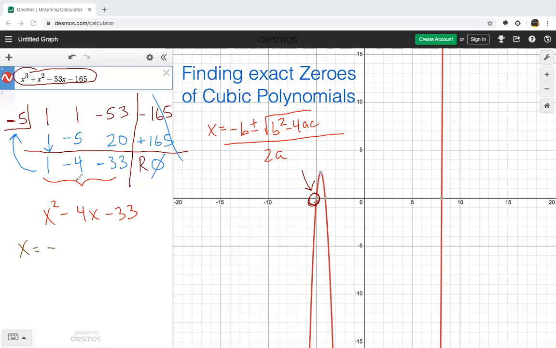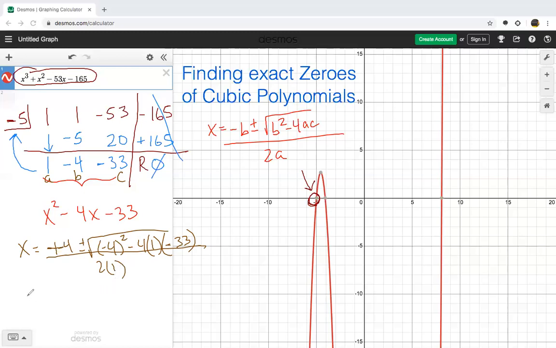Our b value here is this guy, so we have the negative of -4, which becomes positive, plus or minus radical b squared, so we have negative 4 squared, minus 4 times, this is the a value, which is 1, times the c value, which is negative 33, all over 2 times a, which is 1.